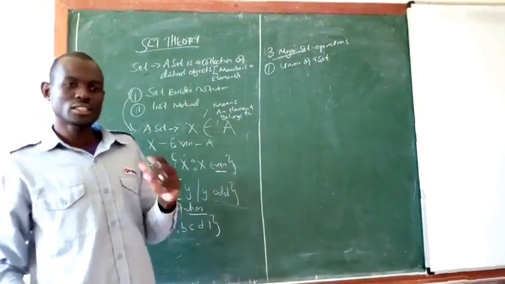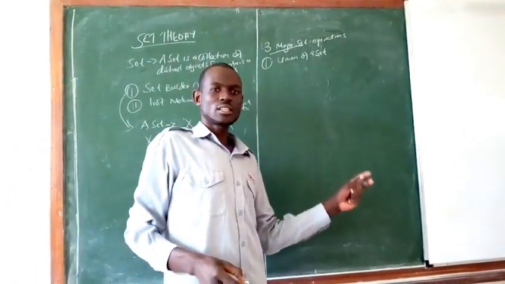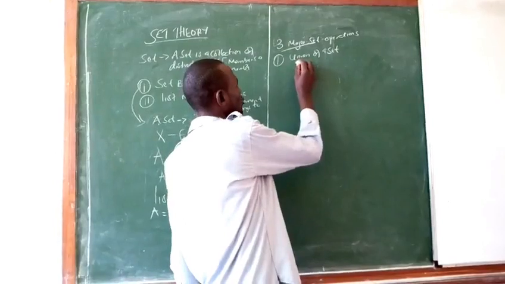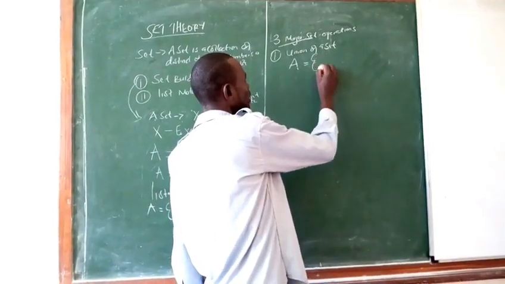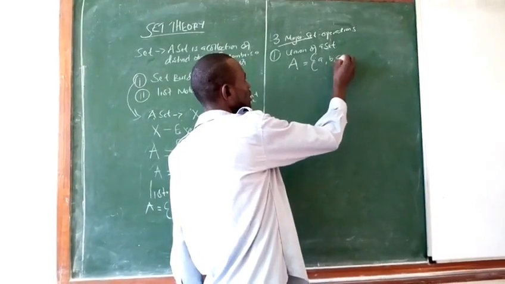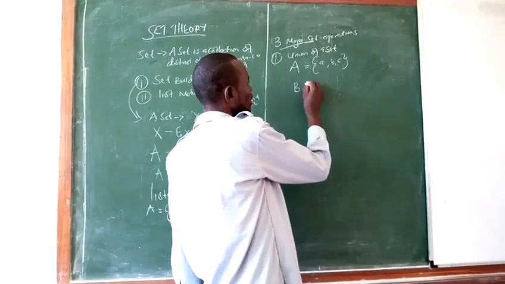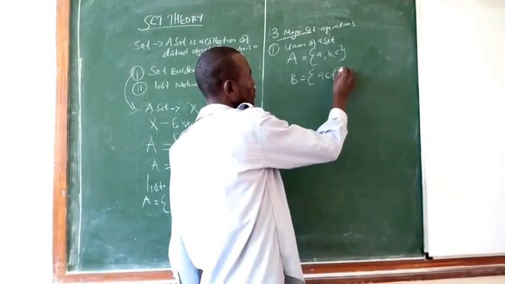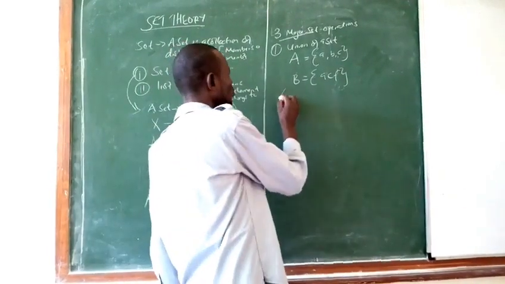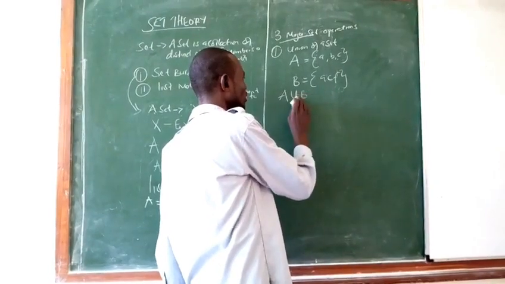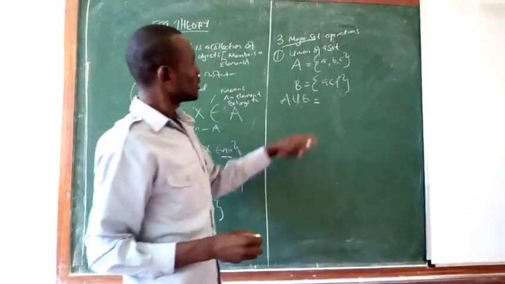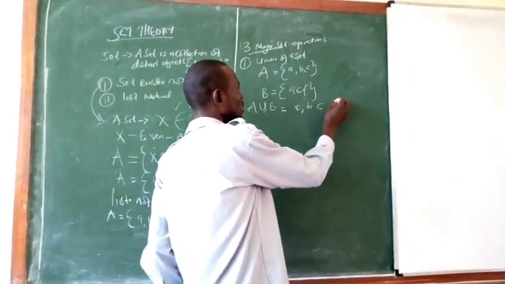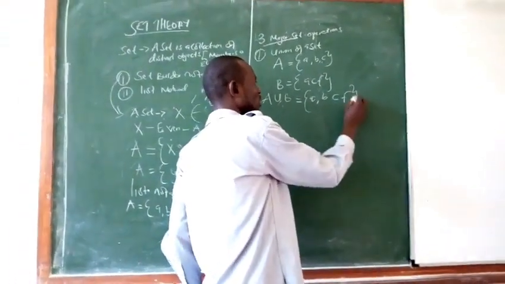The union of a set, these are the elements that are in the first set, let's say A, or in the second set, let's say B. So let A be denoted by the elements A, B, and C, and B denote the elements A, C, and F. So in this case, the union of A, written A union B, will be the elements that are in A or B. So it is A, B, C, and F. The repetition in this case is not material.